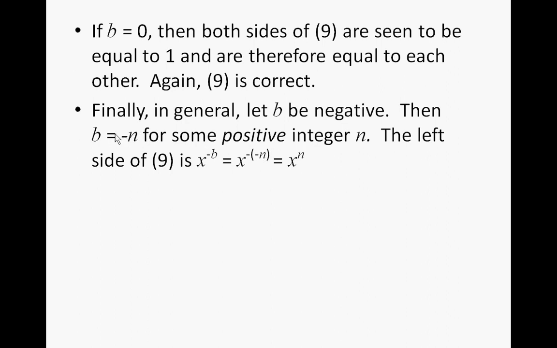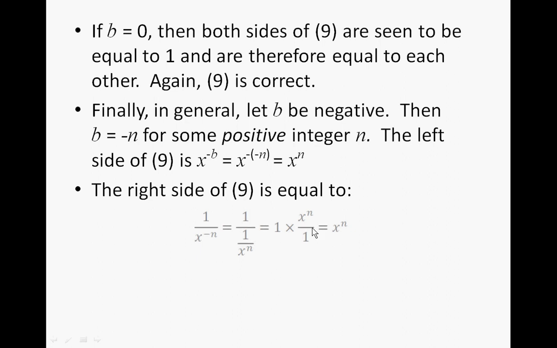Because remember, b can be anything less than 0, which means it's going to be the opposite of n. So the opposite of the opposite, and when we take the opposite of the opposite, we go back to a positive. So x is raised to the nth power. So the left side of equation 9 is equal to this.